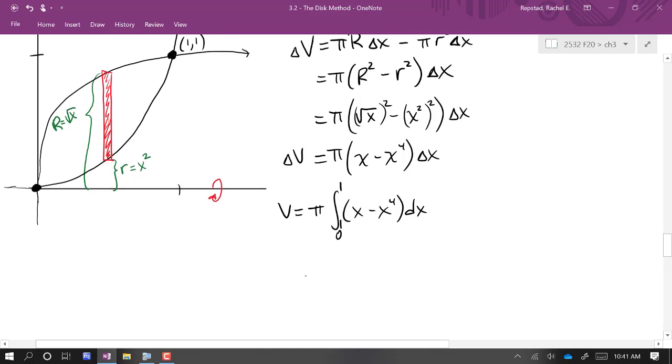And now we're almost done. Integrating this function, we get 1/2 x squared minus 1/5 x to the fifth from 0 to 1.